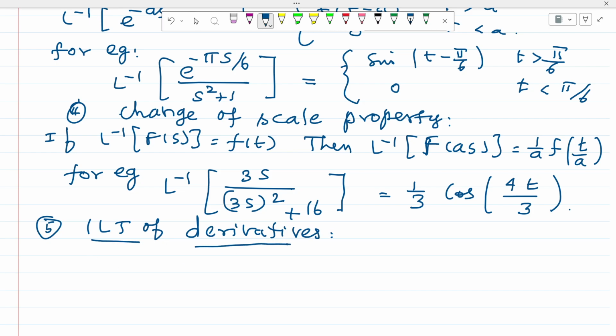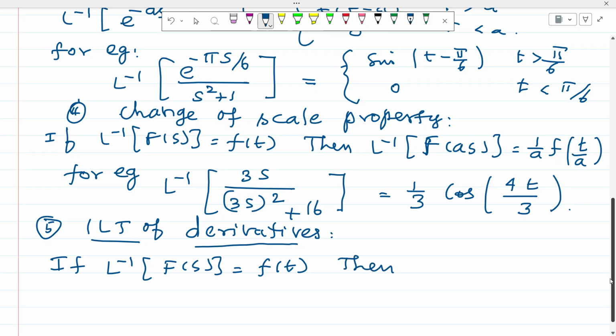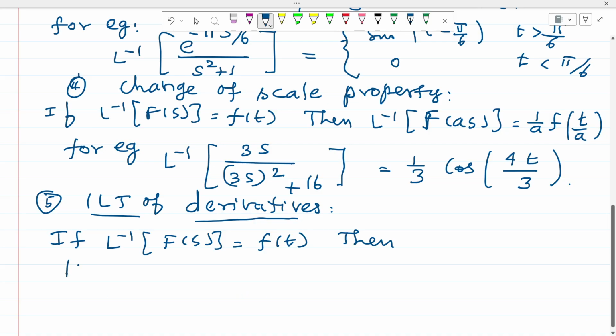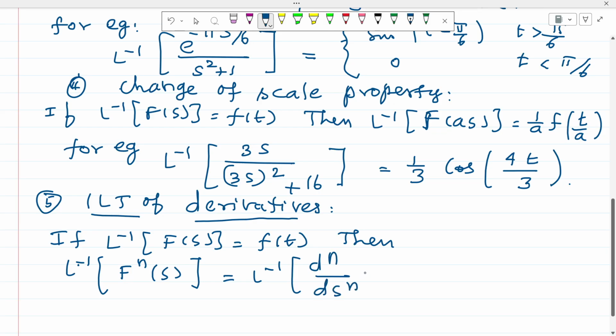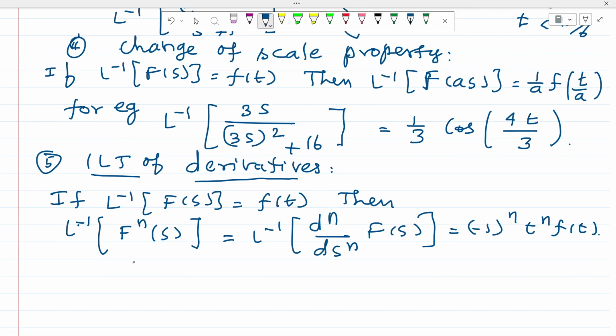If L inverse of F(s) equals f(t), then L inverse of F^n(s), that is L inverse of d^n/ds^n of F(s), is equal to (-1)^n t^n f(t). Okay, fine.